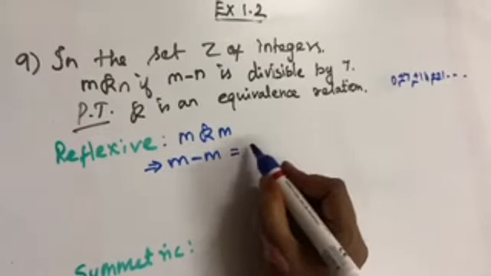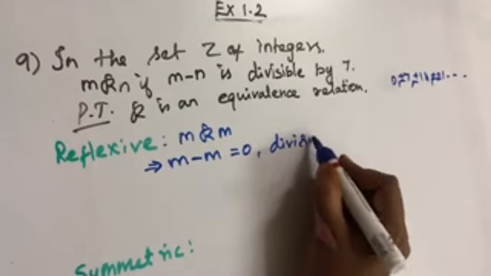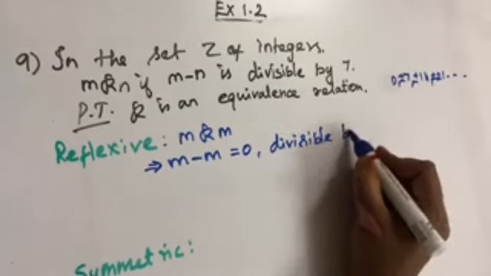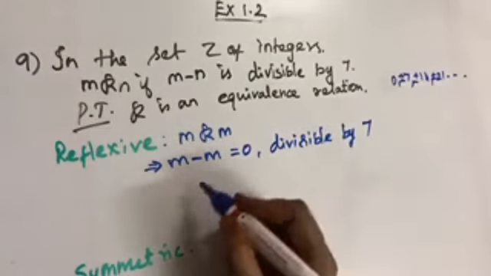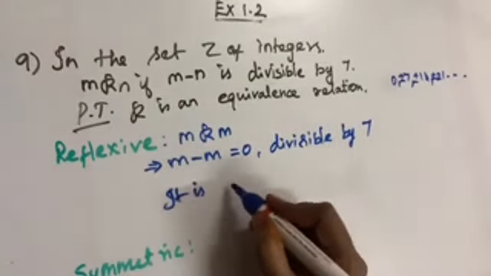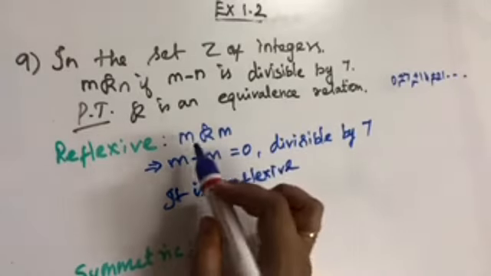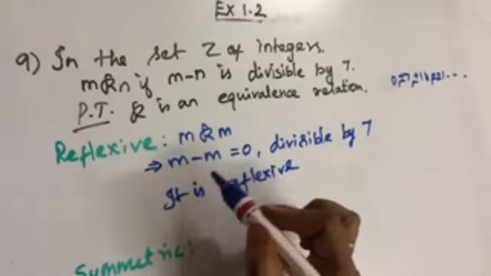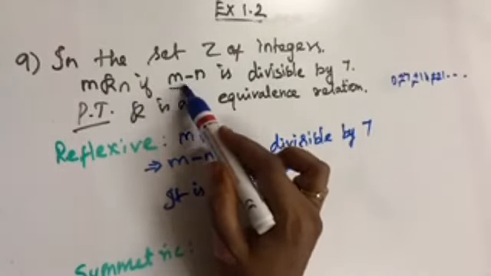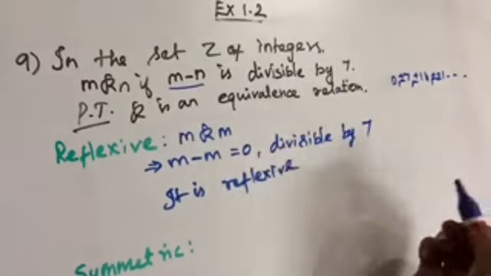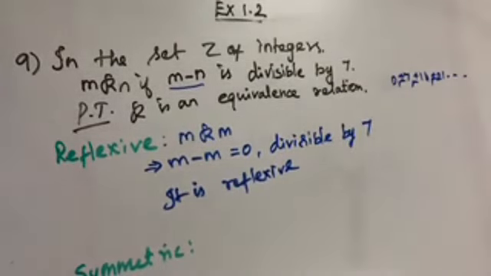It is equal to 0, and 0 is divisible by 7. 0 is divisible by all numbers, so it is reflexive. Okay, m is related to m, so m minus m, because when m is related to n, they have given the condition that m minus n is divisible by 7. Here m is related to m, so m minus m is equal to 0.